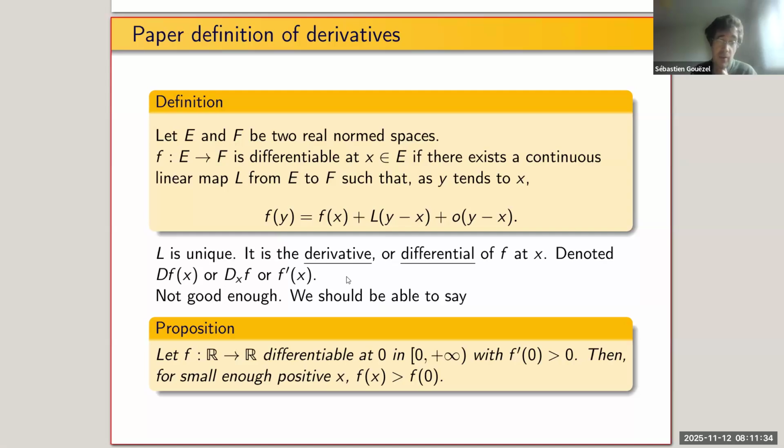A very simple example: if you have a real function and say that in the closed interval 0 to plus infinity, your function is differentiable at 0 with a positive derivative, and then you want to say that for small enough positive x, f of x is strictly larger than f of 0. So what I'm doing here implicitly is that I'm not using full derivatives in all directions. I'm looking at the derivative in a half line, so a one-sided derivative.